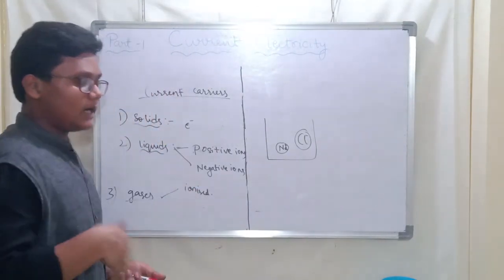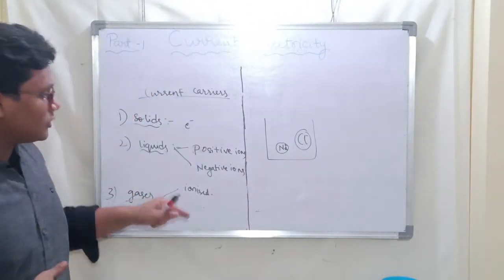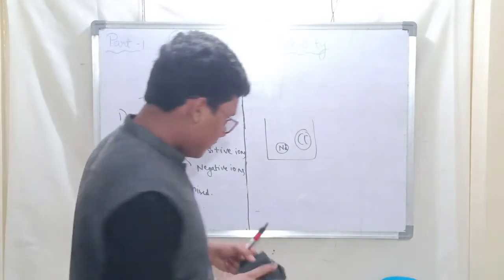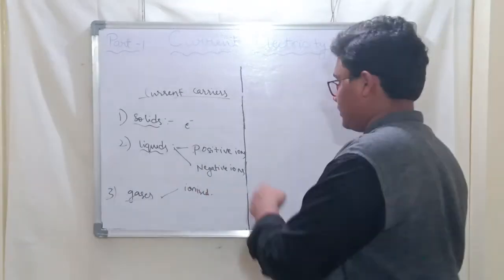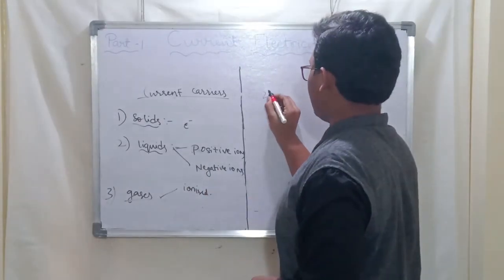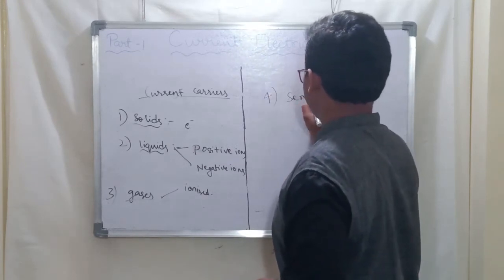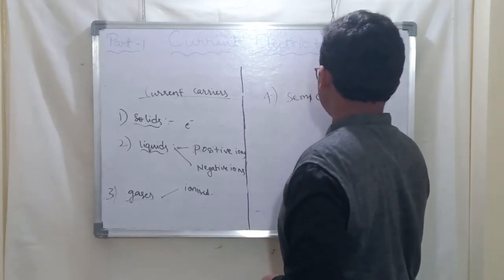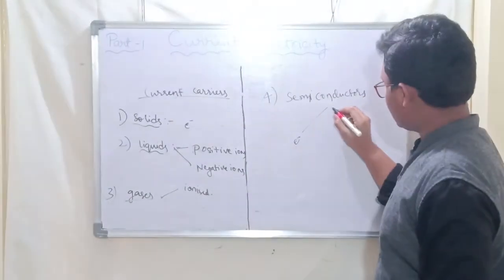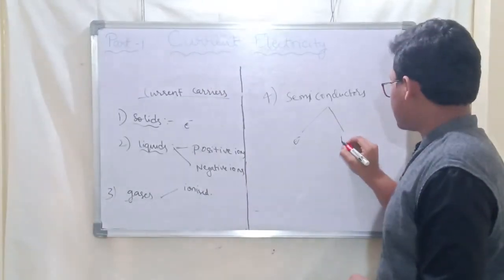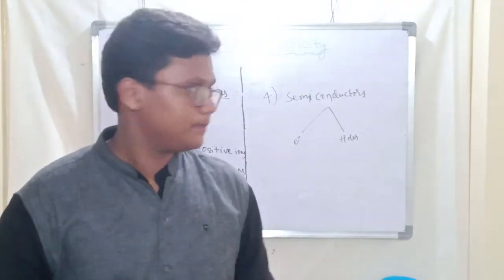Ionized means particles at high pressure and high temperature. And at last, semiconductors: electrons and holes. This is a chapter we will cover at that time.